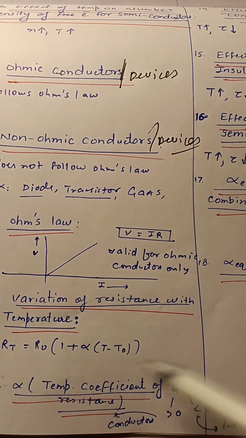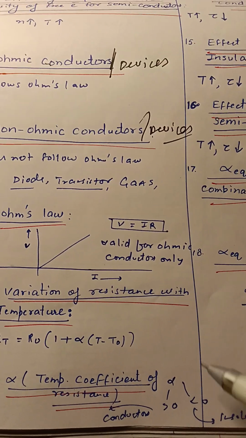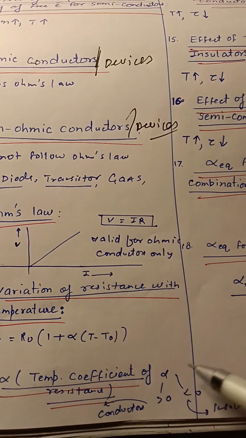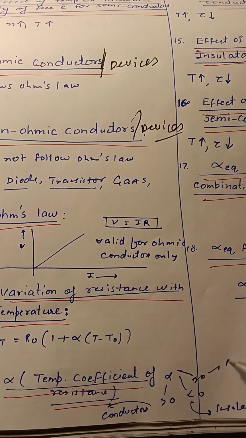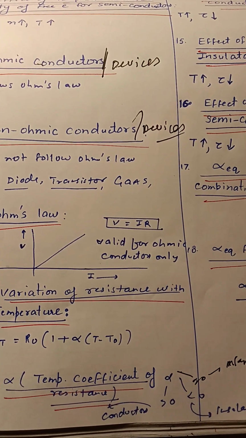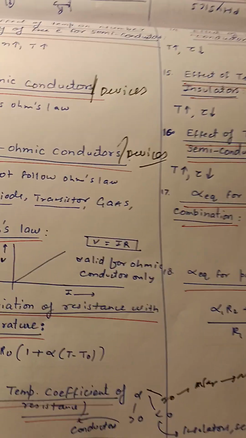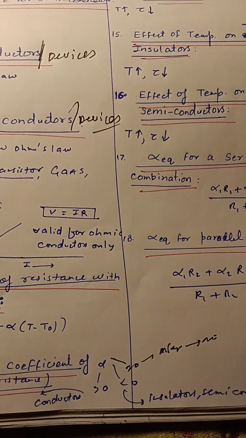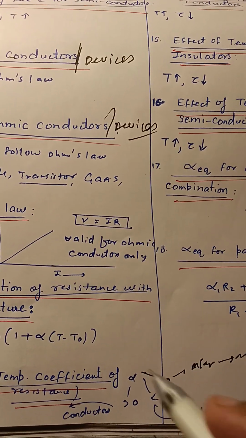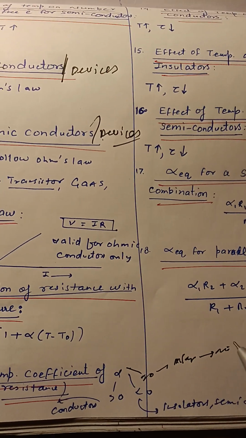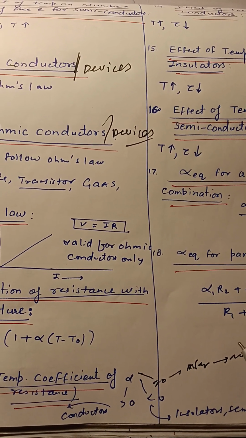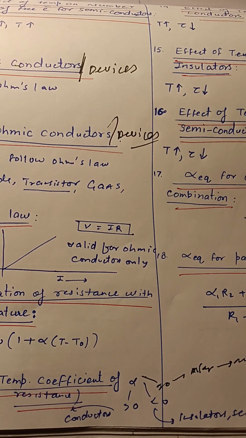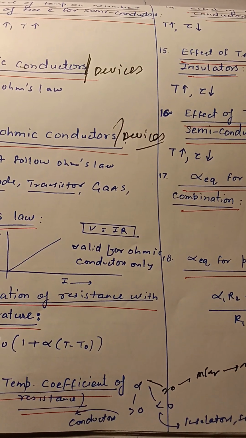Alpha is called the temperature coefficient of resistance. It may be negative or positive, and may even be zero for certain alloys like nichrome or constantan. It is positive for conductors and negative for insulators and semiconductors, while it may also be zero for alloys like nichrome, constantan, etc., which find use in electrical circuits where resistance should be constant.